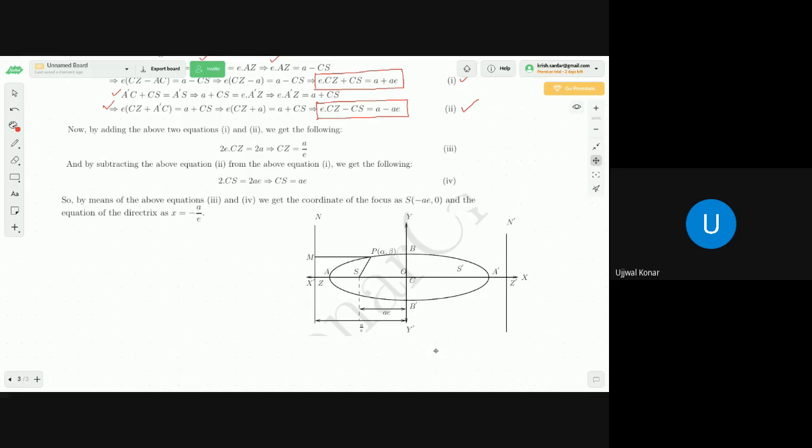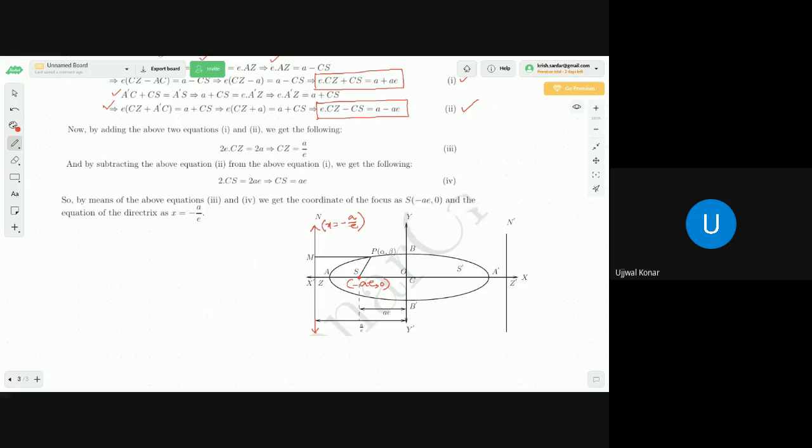So what we see, dear students, is that we get minus AE comma 0, and x is equal to minus A by E. So that is the equation of the directrix, x is equal to minus A by E, and the coordinate of the focus is minus AE comma 0.